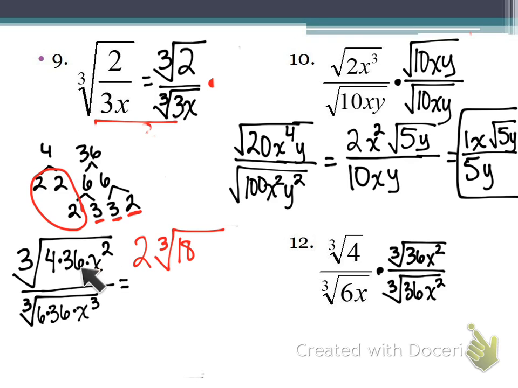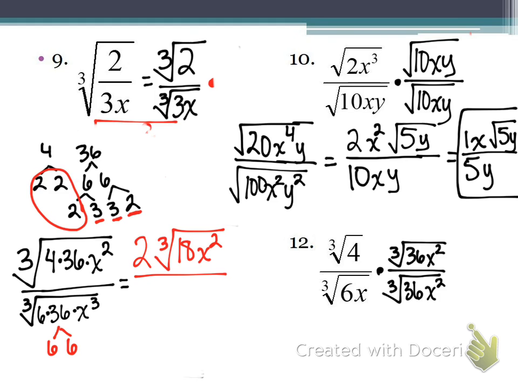Can the x squared be broken into groups of 3? No. So the x squared is staying inside. Divided by. You could break the 6 apart, but you don't have to, because 36 breaks into 2 6's. So you have a group of 3 6's.